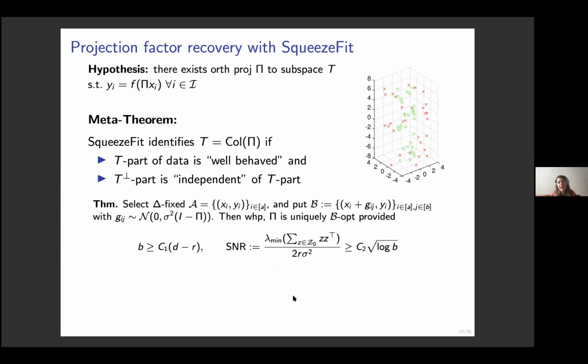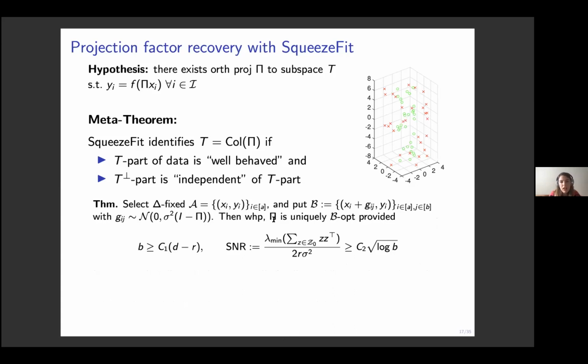A more interesting example happens where you consider A to be a data set that is delta fixed, and then you add Gaussian noise in the orthogonal complement, something similar to what we did in the concentric circles example. And the Gaussian noise is supported in the orthogonal complement of the data.